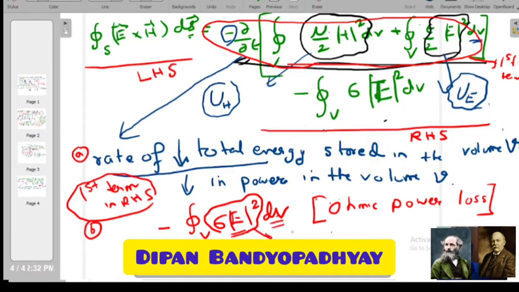Or you can say this is energy spent per unit time in volume V. This total term is the energy spent by the EM wave per unit time in volume V. So we will see what this sigma E squared term is representing.